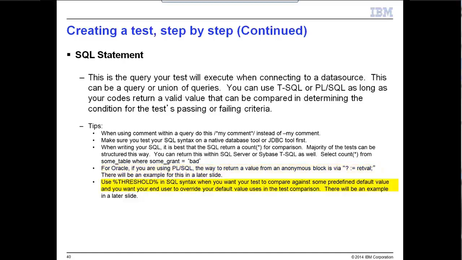And also, in our query-based builder, we come up with a very specific syntax that is only known within the Guardium appliance: threshold. There may be scenarios, for example, if you see in Michael's slide or some of his demo earlier, where he checked for, let's say, a number of failed login attempts, or maybe a number of days that the password should be changed.